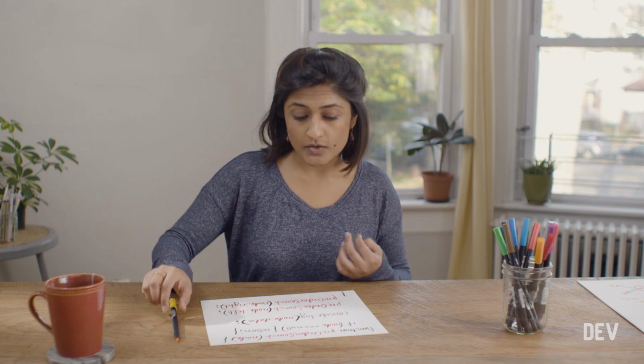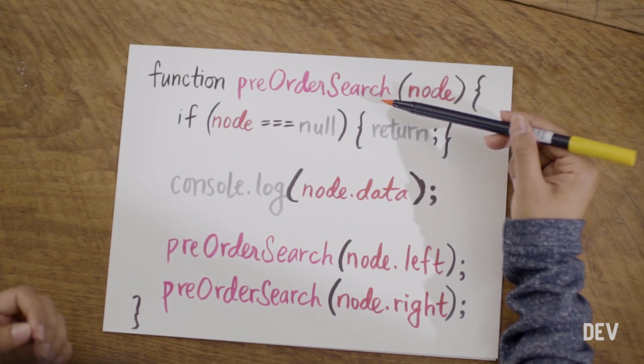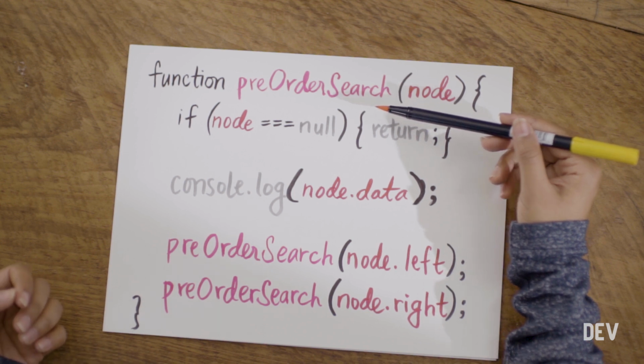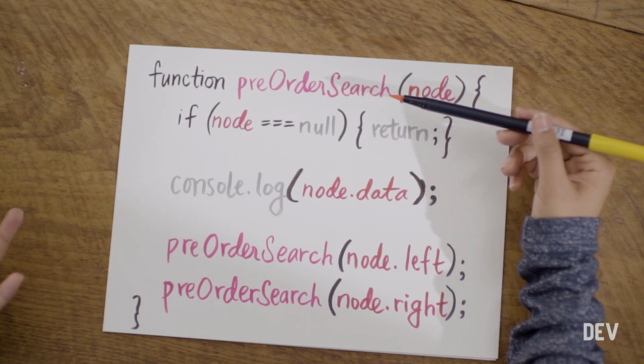We know how we might code a node, but how would we code a pre-order search function, one of the strategies that we can use for DFS? Well, we know that the pre-order search function is going to have to start by taking in some sort of node. Remember that we're eventually going to try to use this function to work for all nodes in the tree, so we need to keep that in mind.